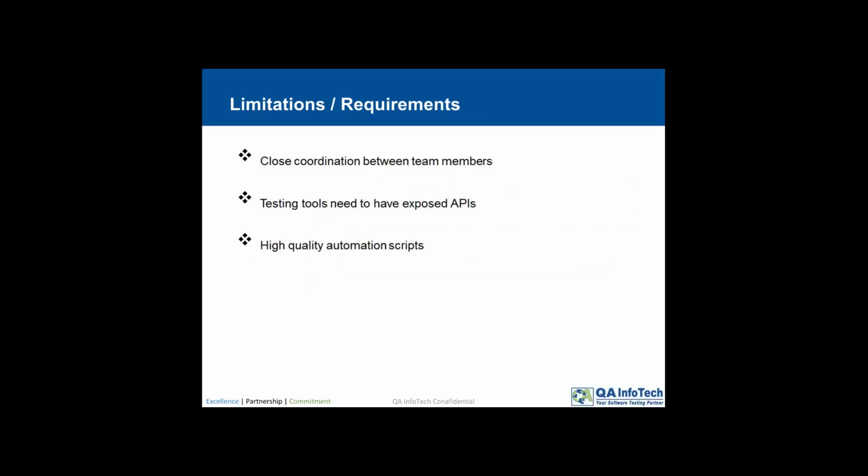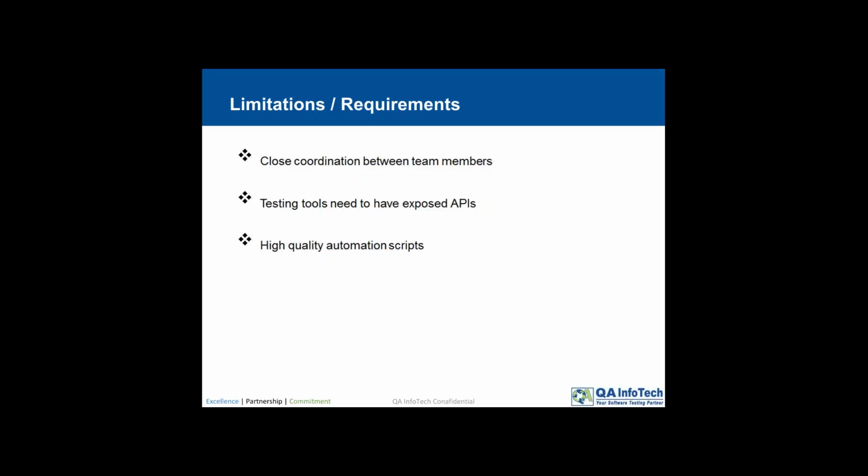Now, let me take you through a couple of requirements with which the framework is done. One of them is close coordination between the team members. The team members in this case involve all the developers, the functional testing engineers, and the automation engineer, because all of them have to be on the same page all the time, because this is a real quick process and without any manual intervention.